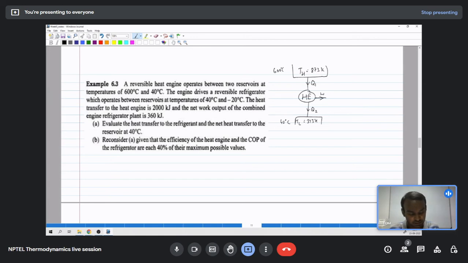And this engine drives a reversible refrigerator which operates between reservoirs at temperature 40 degrees Celsius and minus 20 degrees Celsius. So we have a refrigeration system to which I would write this W as W1, and the work supply to the refrigeration system as W2, and again it has contact with two thermal reservoirs.